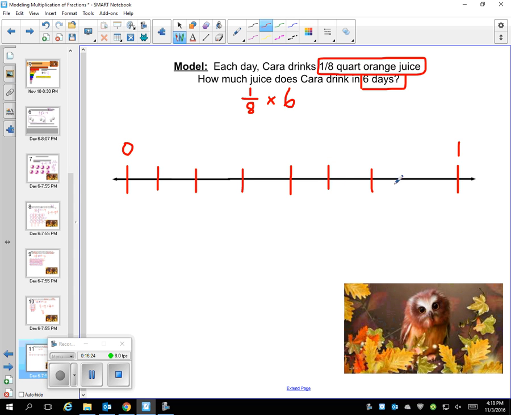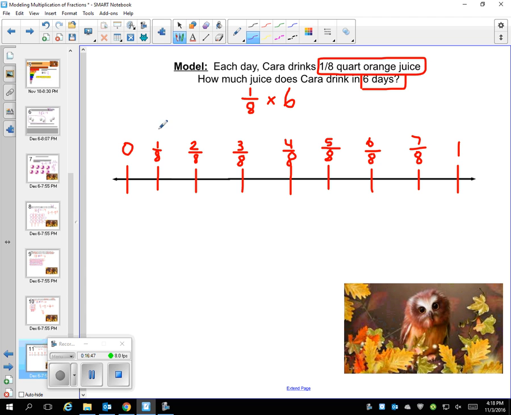1, 2, 3. Okay, so this is 0/8. This is 1/8. This is 2/8. 3/8. You pause the video and finish numbering your number line. Okay, I've numbered my number line. Now, my multiplication problem is 1/8 times 6.